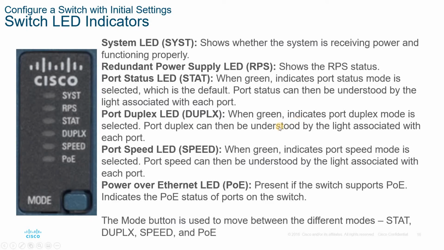So kapag naka-on daw siya, basically all of the ports sa switch are using duplex mode. By default, duplex naman lahat talaga yung communication method, lahat ng mga ports are in duplex. Next, you also have the port speed mode, just in case you wanted to switch on that particular mode. Lilipat ka lang siya.